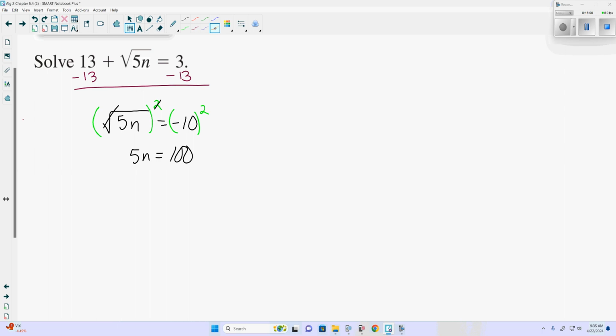No radicals left, so we can move on to step 4, solving for the variable. And we're going to divide by 5, telling us n is equal to 20. Yes? Questions on this so far?